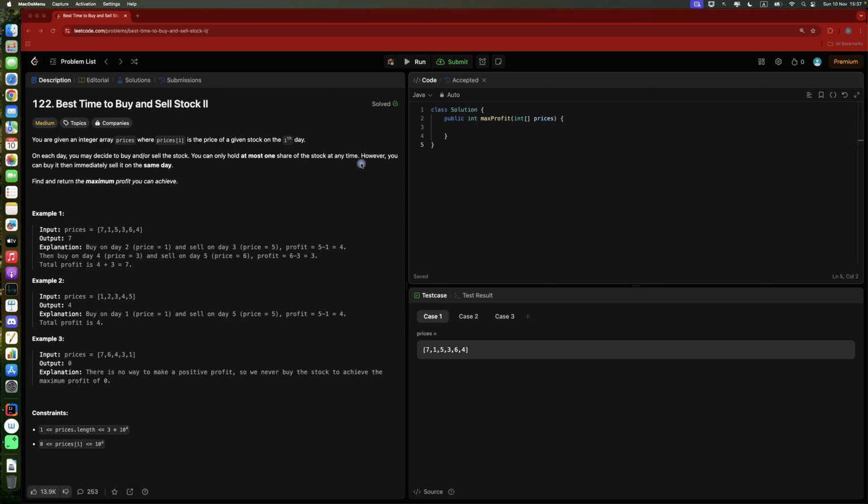I think I'm clear about this. It states, however, you can buy it, then immediately sell it on the same day. This means we can buy it on the second day and sell it on the same day. But this will always be zero, no income and no losses for us.